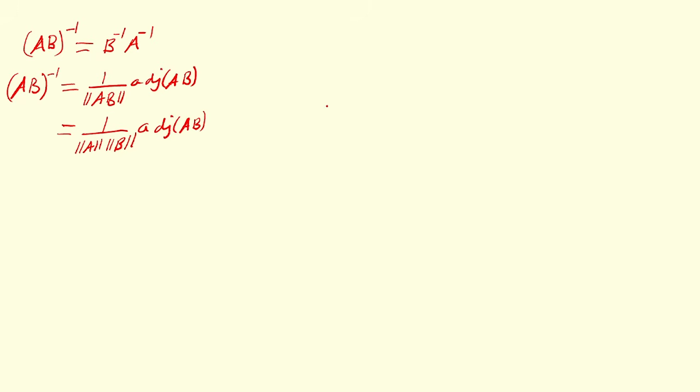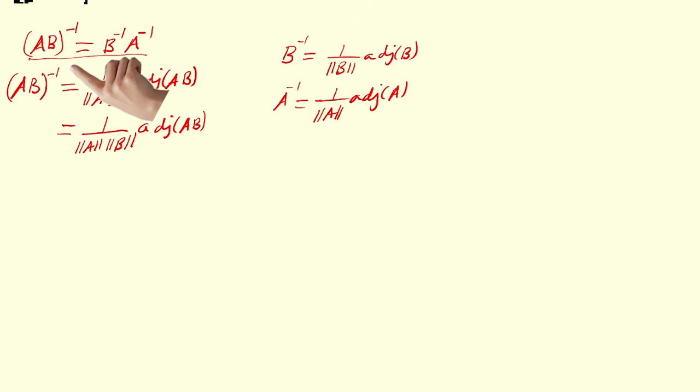And in the other way, B inverse is 1 over determinant of B times adjoint of B. Similarly, A inverse is 1 over determinant of A times adjoint of A. These two are equal.